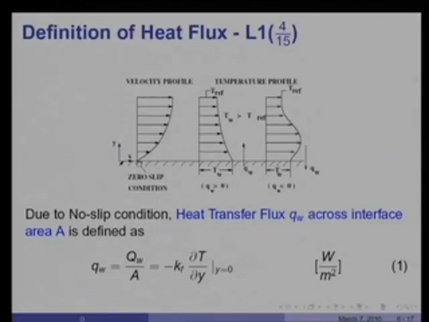Because the fluid is brought to rest at the wall, the heat transfer is actually by conduction, and therefore we represent it as, by Fourier's law of heat conduction, minus Kf dT dy at y equal to 0, where Kf is the conductivity of the fluid. So in this case, dT dy is negative, and therefore the heat flux is positive. In this case, however, dT dy is positive, and therefore the heat transfer is negative, or into the surface.